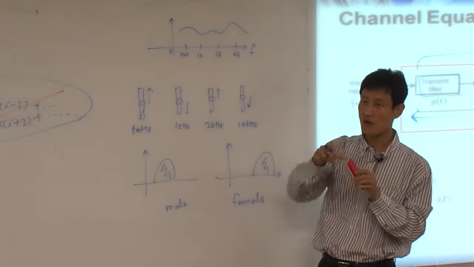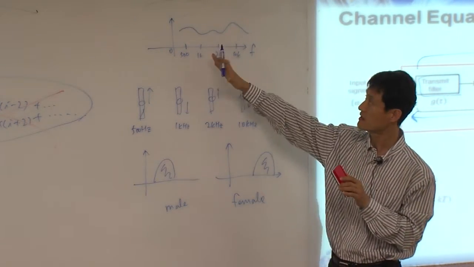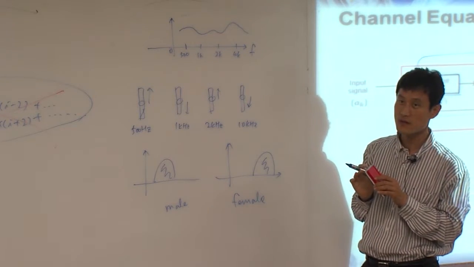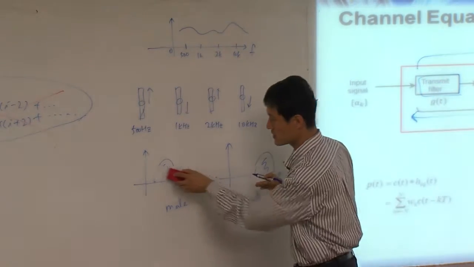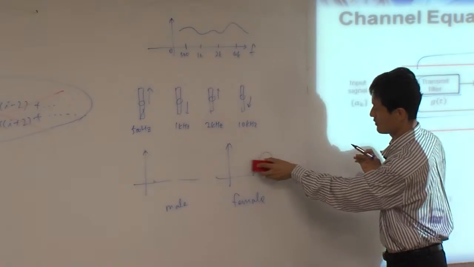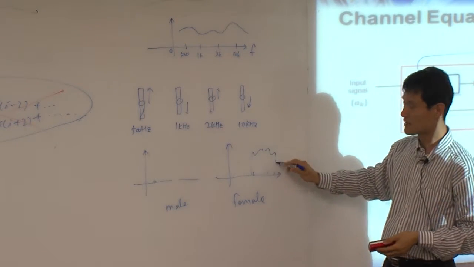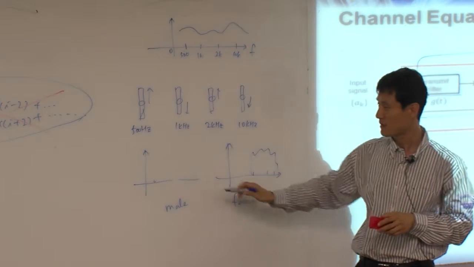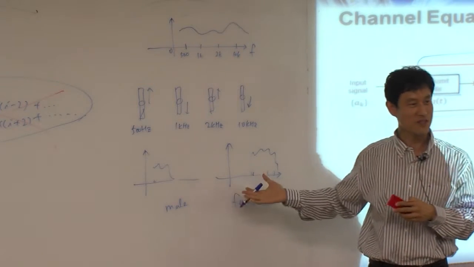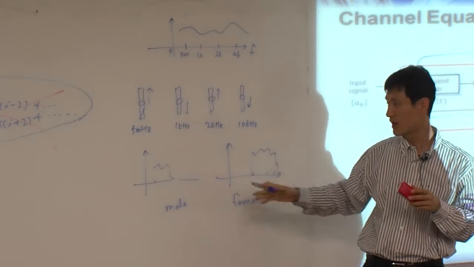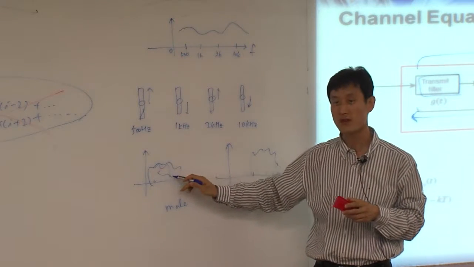Same here. Every song, every piece of music has a different frequency component. Let's say rock music has maybe higher frequency, and some classical music maybe lower frequency. Depending on the song, you have a different frequency component.